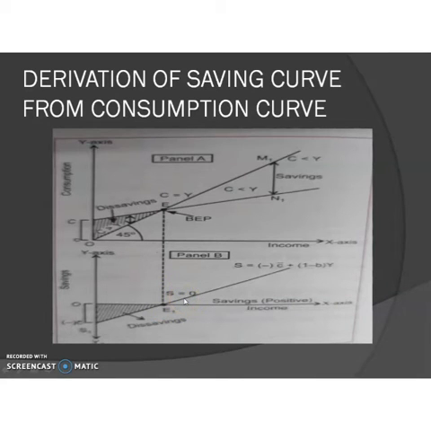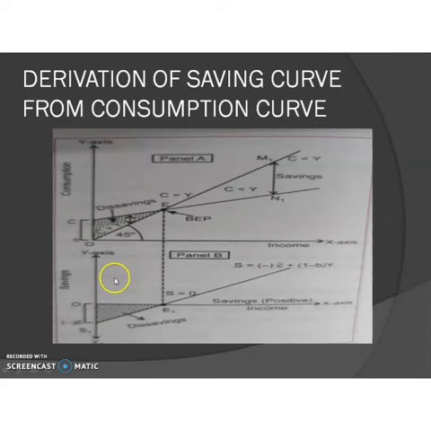Then we may derive the straight line saving function by joining S1 and E1 and extending the curve further. Students must observe that on the left of E1, we have negative savings, corresponding to panel A. Here is the negative saving.